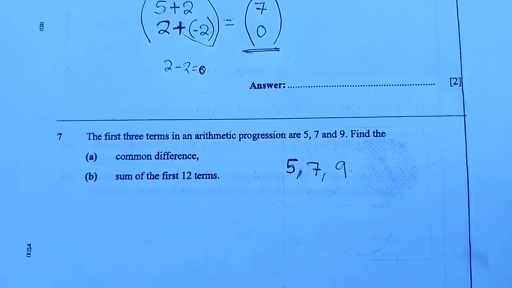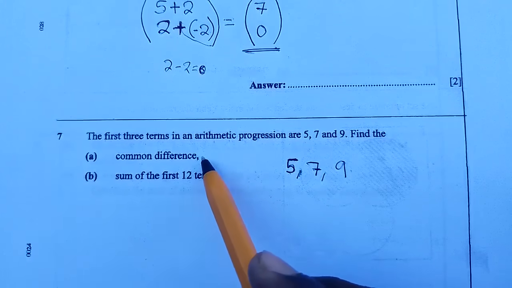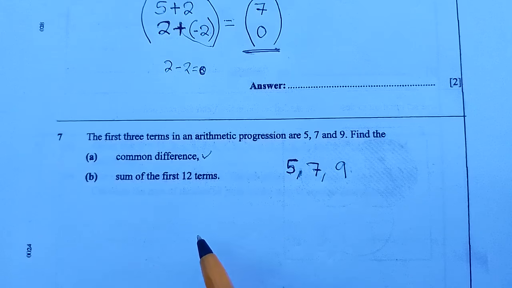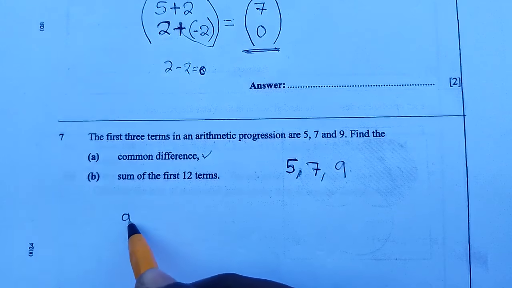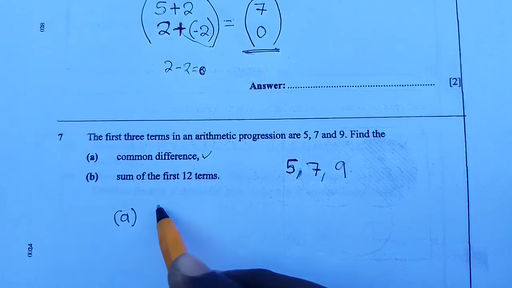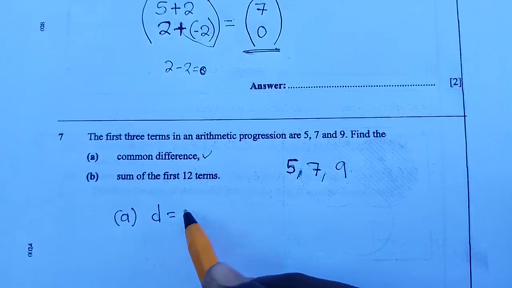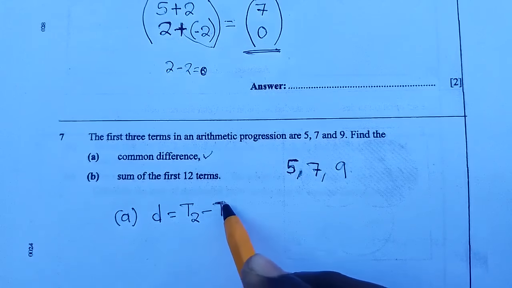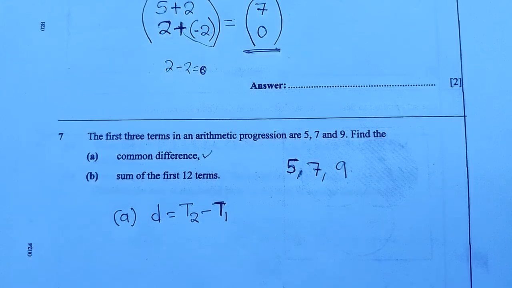So the first question is to find the common difference. How do we find the common difference? It is D. So part A, D is equal to the second term minus the first term. This is how we find the common difference.